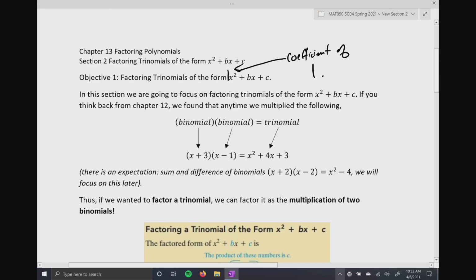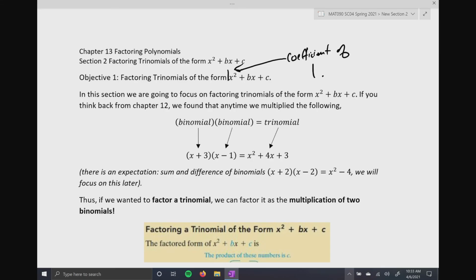Now, if you think back into chapter 12, we did a lot of problems where we had a binomial times a binomial, like x plus 3 times x minus 1. And if you noticed, when we had a binomial times a binomial, the answer was a trinomial. There were exceptions, but I told you they were exceptions.